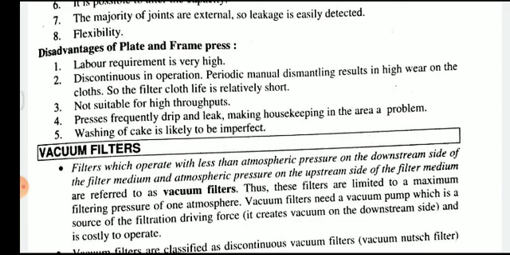Presses frequently drip and leak, making housekeeping in the area a problem. Washing of cake is likely to be imperfect. So these are the disadvantages of the plate and frame filter.